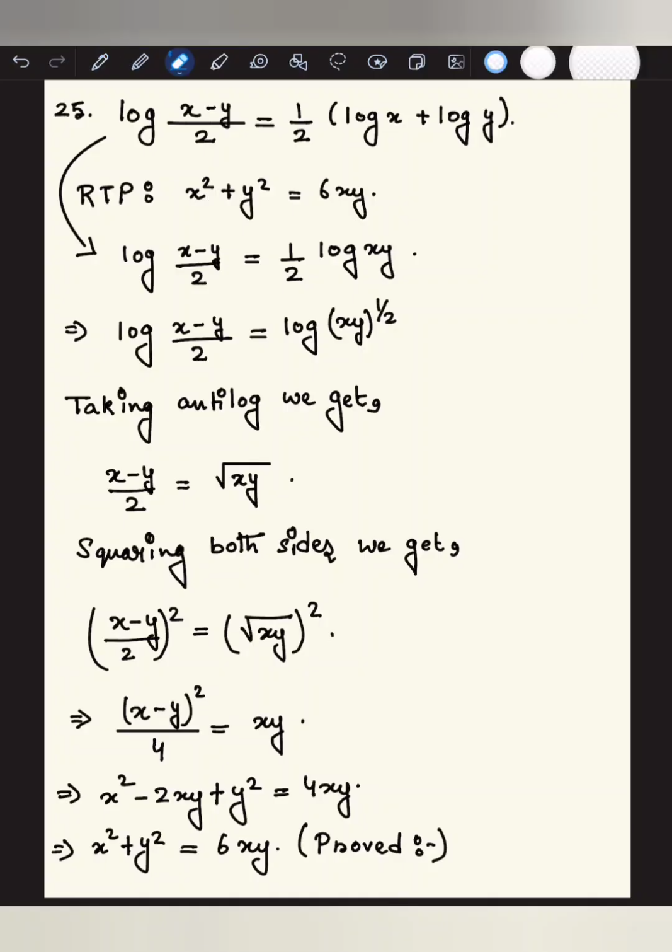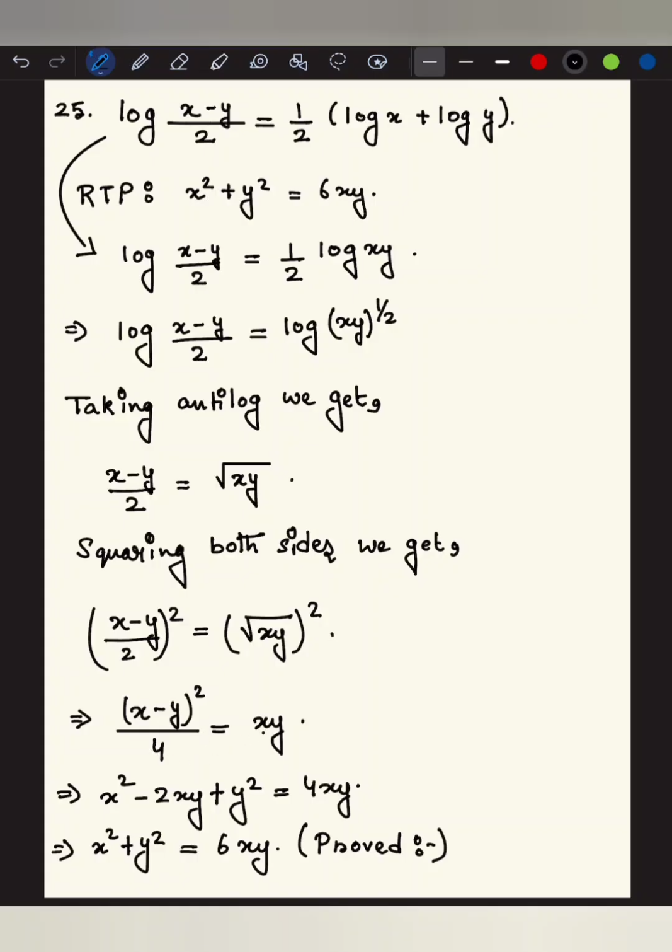Now look here, we have this term xy, but here we have this in root, so we need to square both sides. So squaring both sides, we get ((x minus y) by 2) whole square is equal to root xy whole square, which implies (x minus y) whole square by 2 square, meaning 4, is equal to xy.